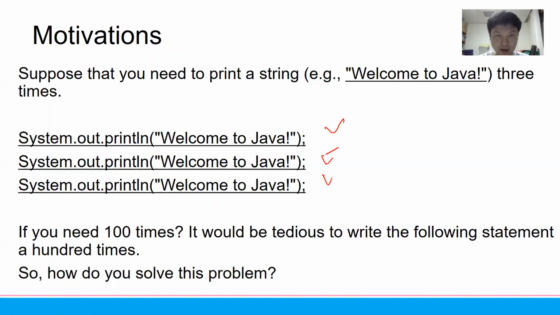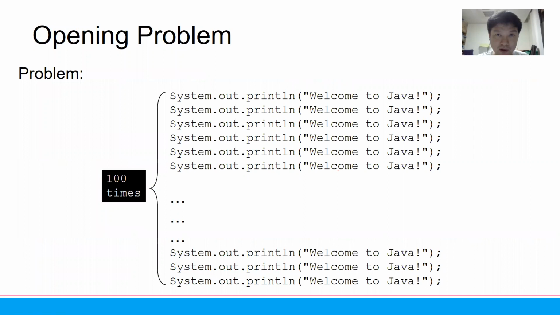If you have 100 times, what will you do? Are you going to print 100 lines? It will be very tedious if you write all of those. Are you going to print lines like these?